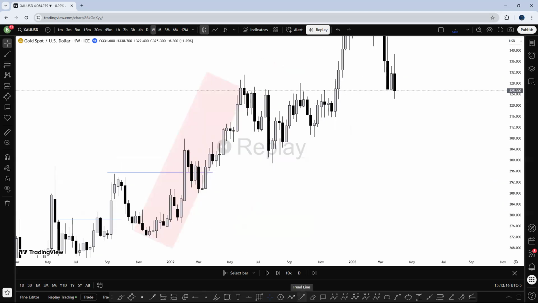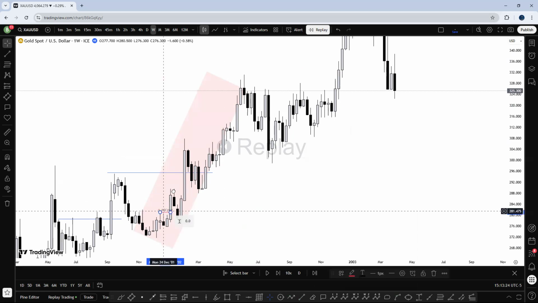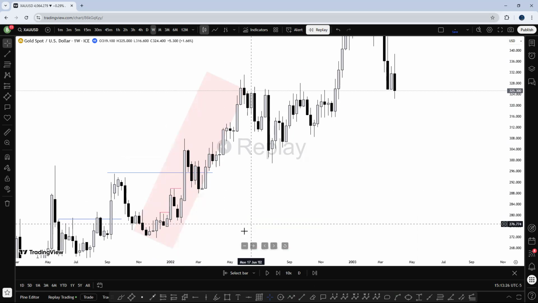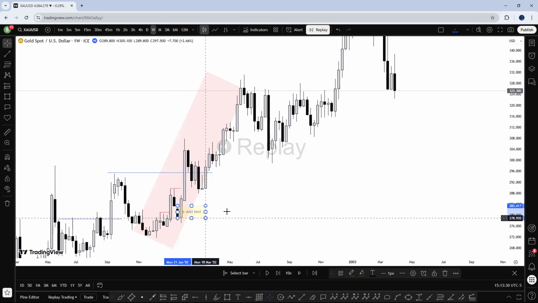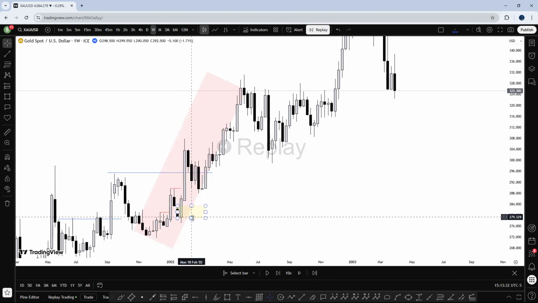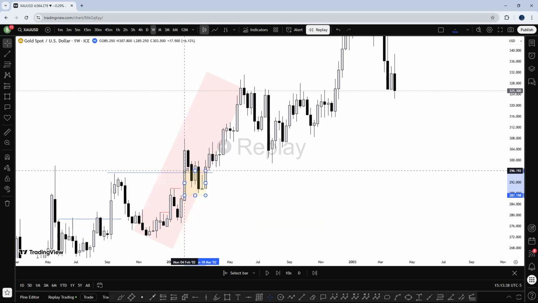Now, we have another degree of structure. This is on weekly. Market doesn't have to come back to this other block in order for you to buy. No. Market can simply look for this imbalance you have here, and it continues to go higher.